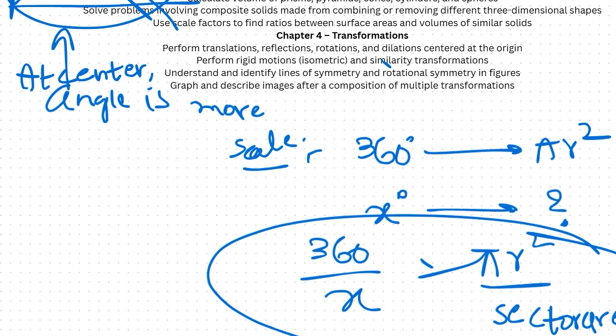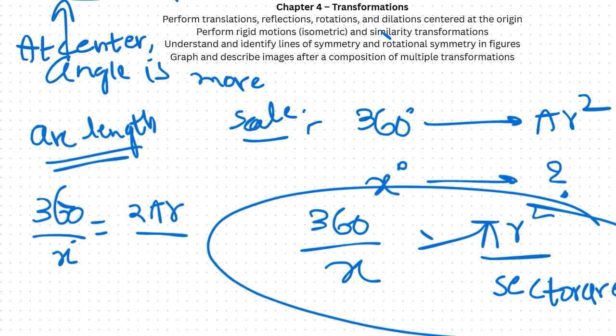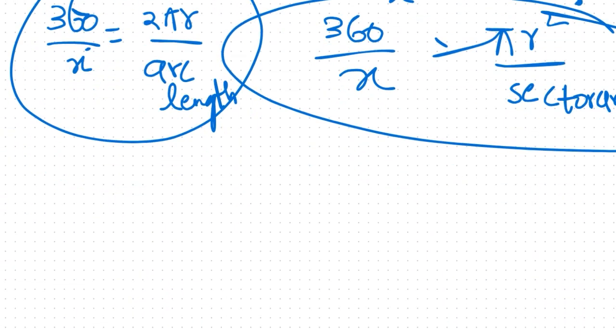Arc length formula, can you guess? It's the same thing, but instead of sector area, arc length. So 360 upon x degrees is equal to full circle 2 pi r upon arc length. One alternative: there is a pattern to remember this formula.